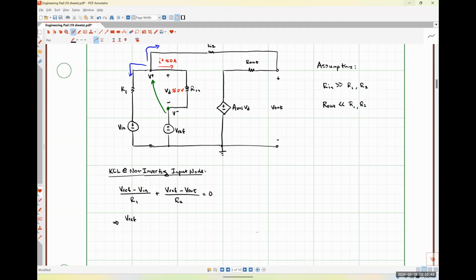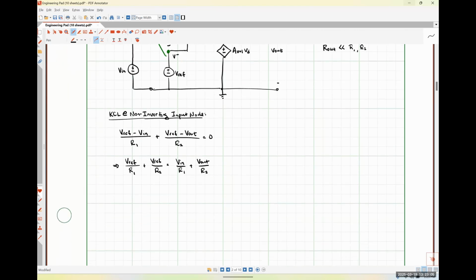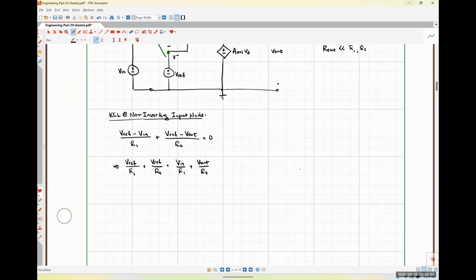Okay. So we're going to have Vref over R1 plus Vref over R2 will be equal to Vn over R1 plus V out over R2. I'm going to take that factor of Vref out. So that's going to give me Vref times 1 over R1 plus 1 over R2.